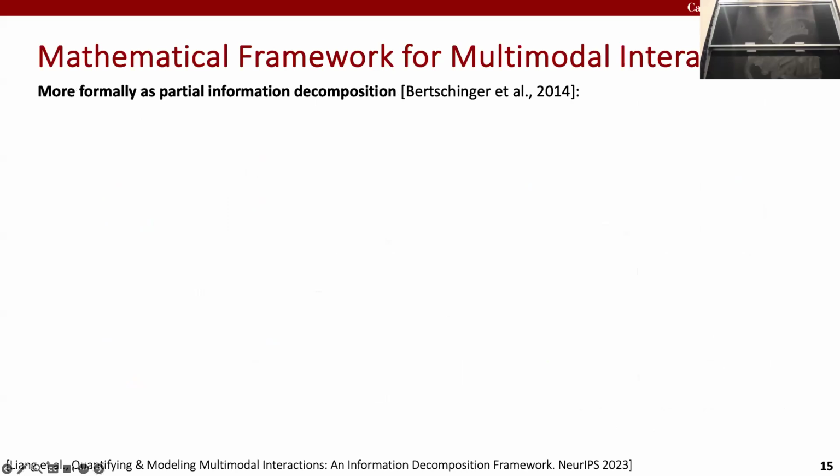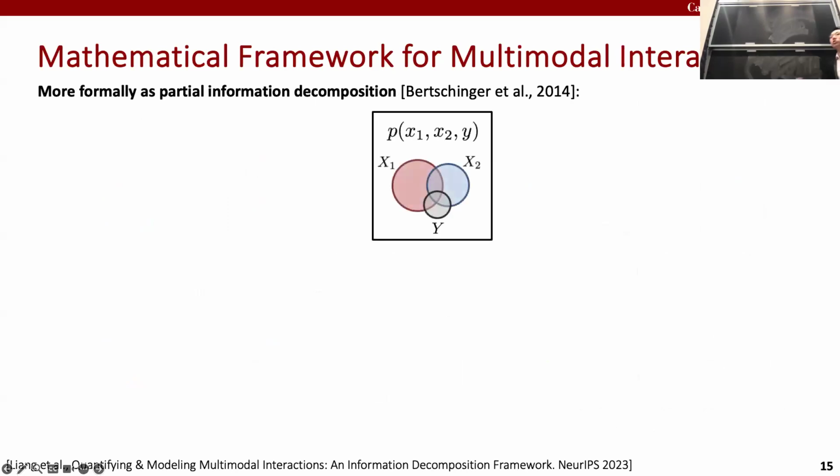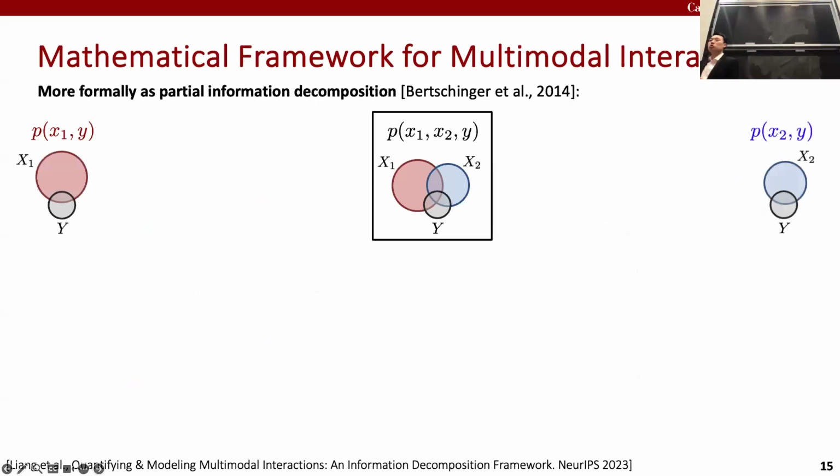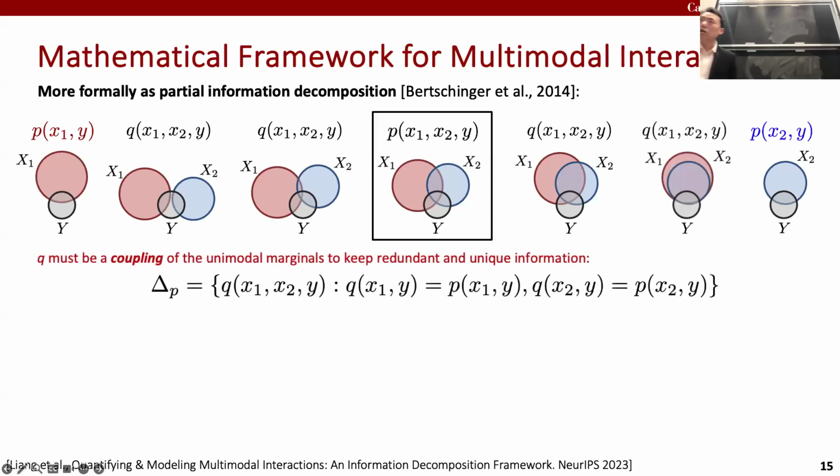So to see that more formally, what we did is that we started from a joint distribution P over x1, x2, your modalities, and your label y. We inferred a marginal over x1 and y, and we inferred a marginal over x2 and y. We then consider all of these intermediate distributions Q, again over x1, x2, and y, where Q satisfied a coupling of these unimodal marginals. And by coupling, I mean that Q of x1 and y is equal to P of x1 and y, and Q of x2 and y is equal to P of x2 and y.